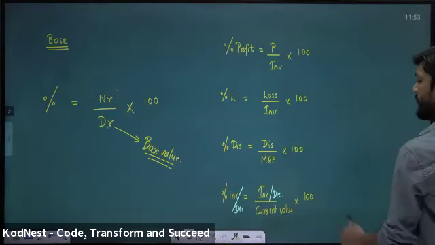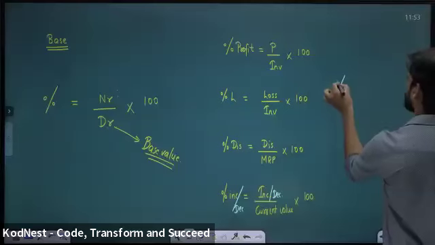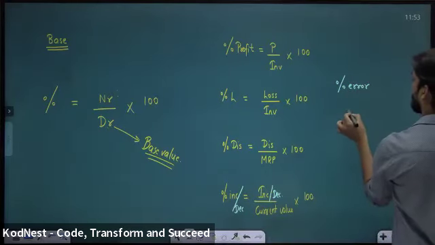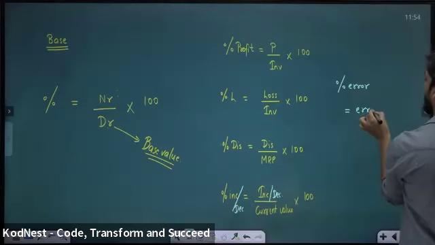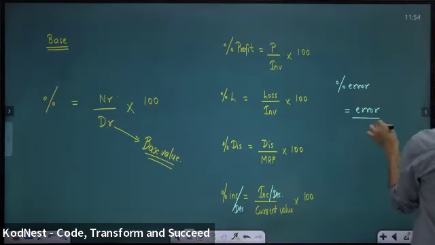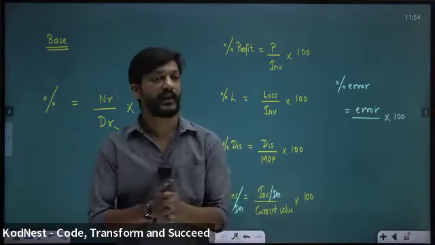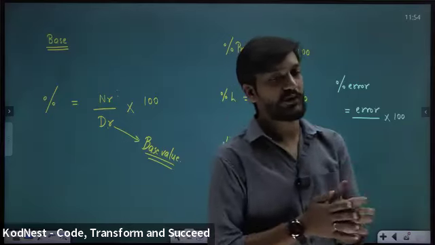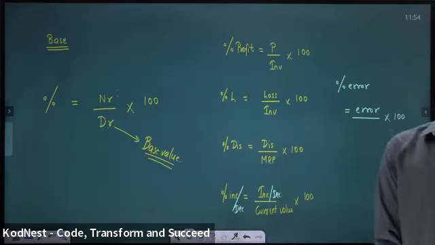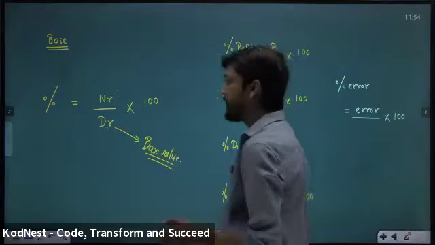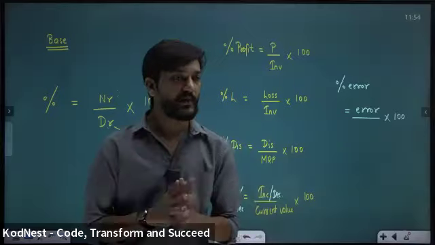All right. Suppose I ask you percentage error. So error divided by what you will say, into 100. Answer please. You will compare error with what? In the laboratory, you used to do experiments, right?